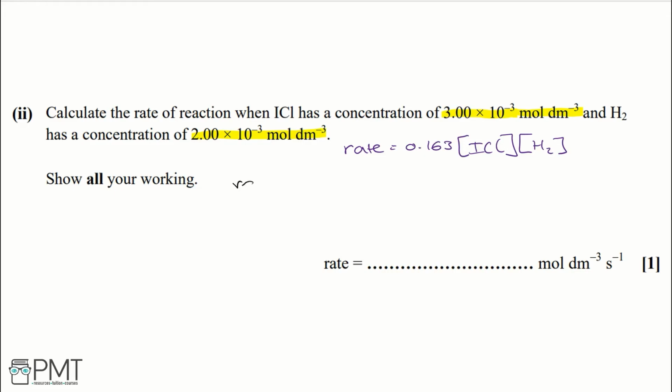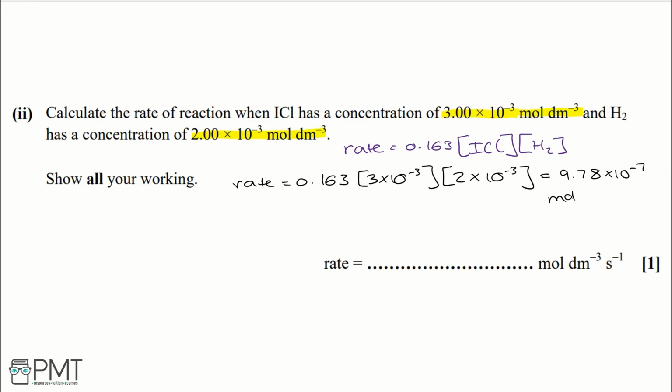So rate equals 0.163 multiplied by 3 times 10 to the negative 3 times 2 times 10 to the negative 3, and that equals 9.78 times 10 to the negative 7 moles per decimeter cubed per second, which we can then write on the answer line provided.